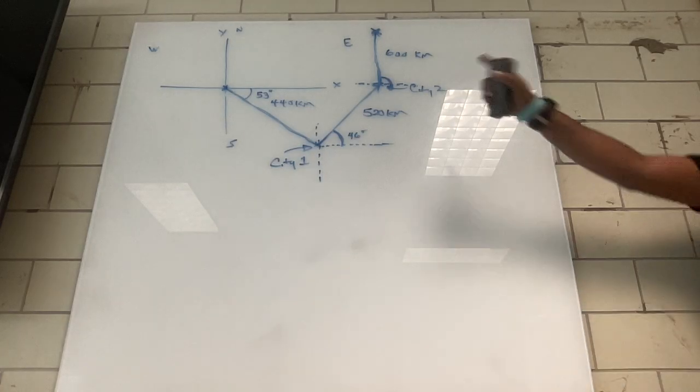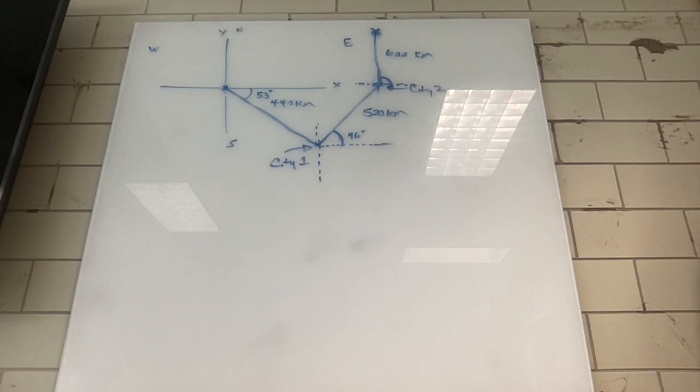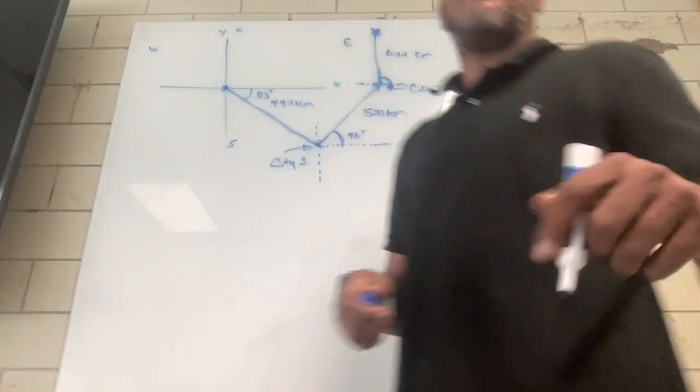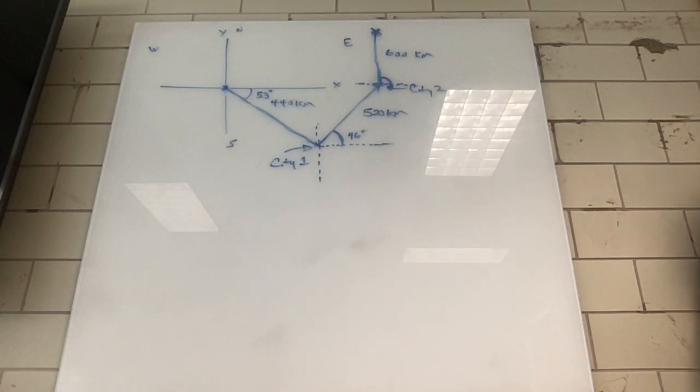So I need y'all to tell me how we do that, starting with vector 1. Anybody? You get the X and Y of all the vectors. Yes.